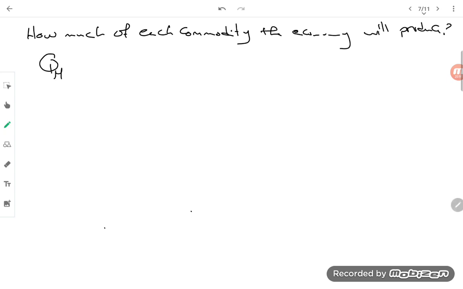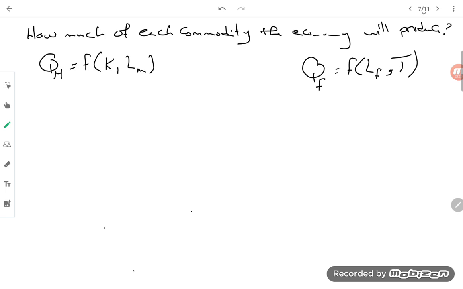This is for manufactured products: QM is a function of capital and labor used in the production of manufactured goods. And this is the production function for food or agriculture. Bread, for example, is a function of labor used in the production of food, and T, which is land.